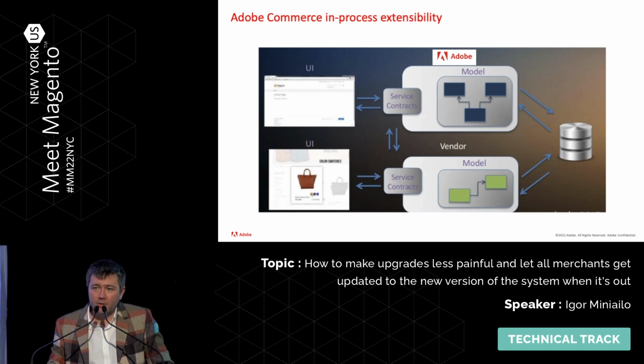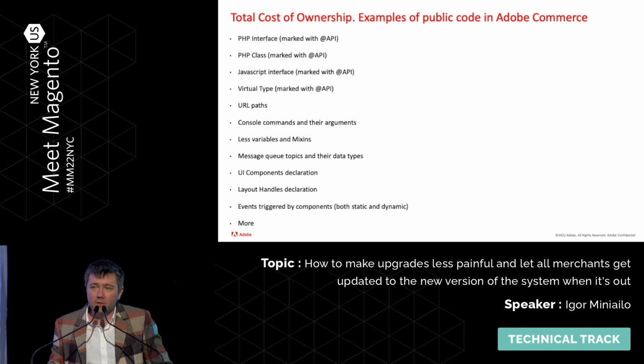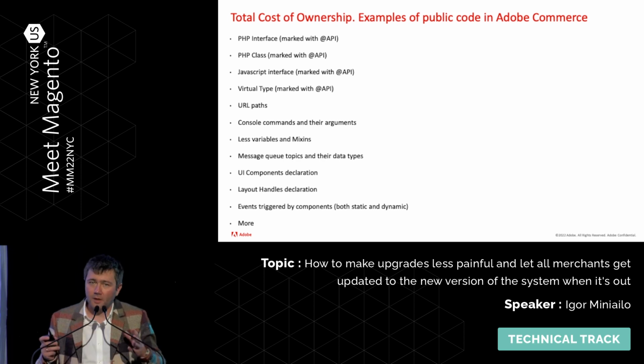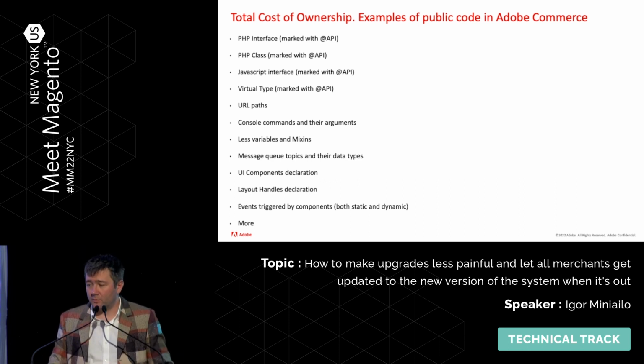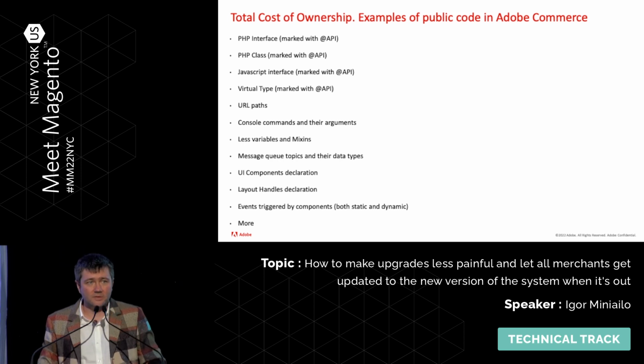But the problem is that we have so many different open code or APIs besides this service layer. Here is actually a pretty limited list of those APIs, which should give you a good understanding of how many different items we support in our code base. Besides PHP interfaces, we also support some classes.